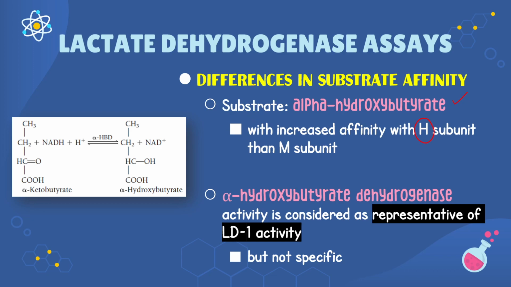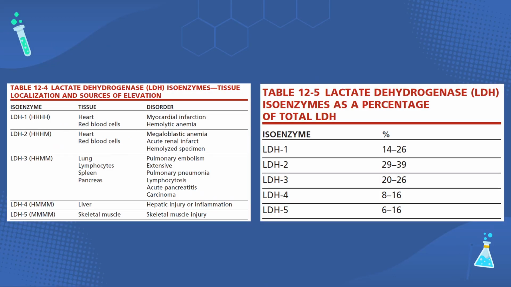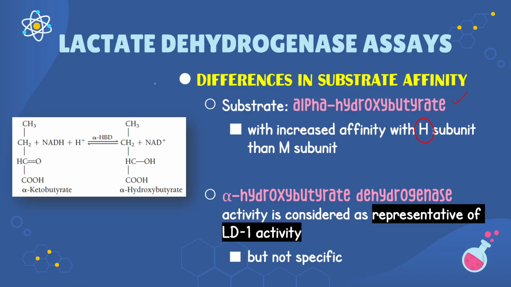Going back to the isoenzymes of LDH, as I said earlier, they are composed of two subunits, H and M. Since LD1 has the most H subunits, this assay is more about measuring the activity of LD1.